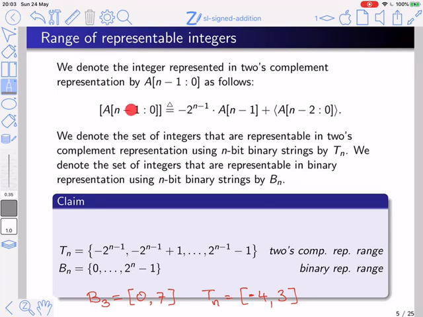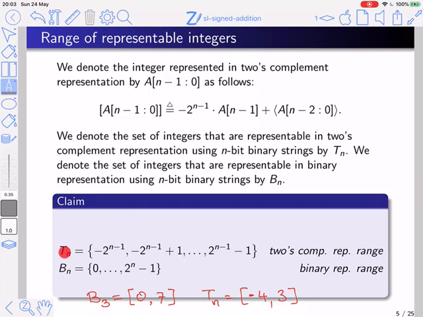So here we have, again, the definition of 2's complement representation. Let us denote by Tn the set of integers that are representable in 2's complement representation using n bits, and similarly let Bn denote the set of integers that are representable in binary representation using n bits. So Bn, we already know, is 0 to 2 to the power of n minus 1.